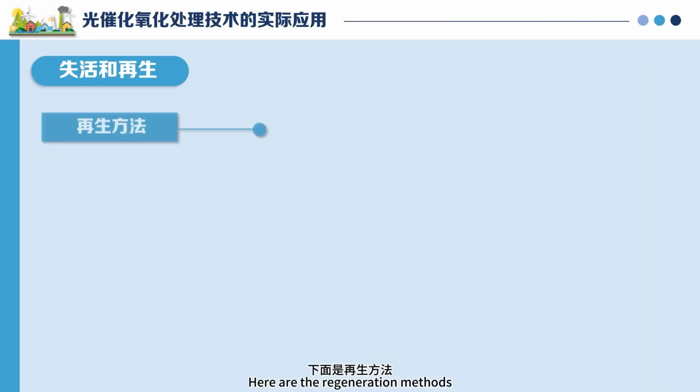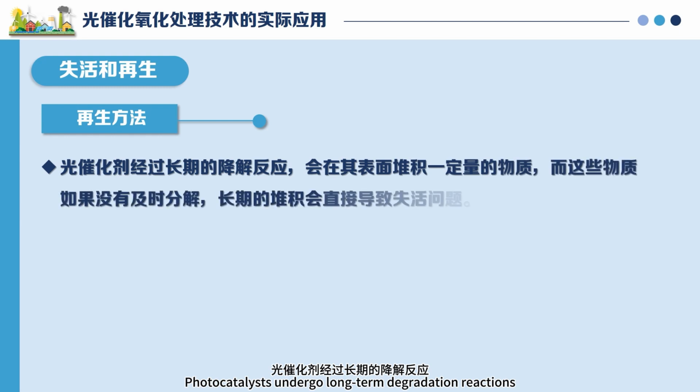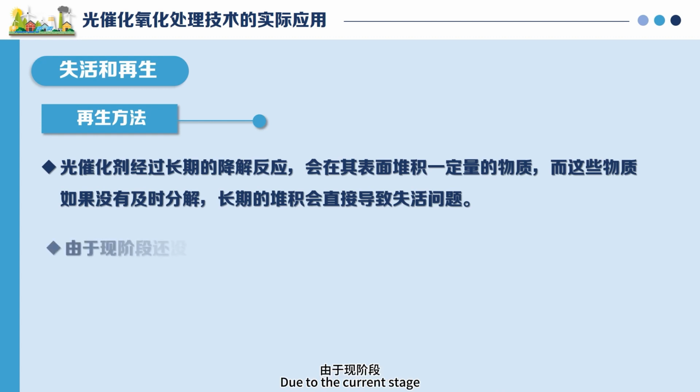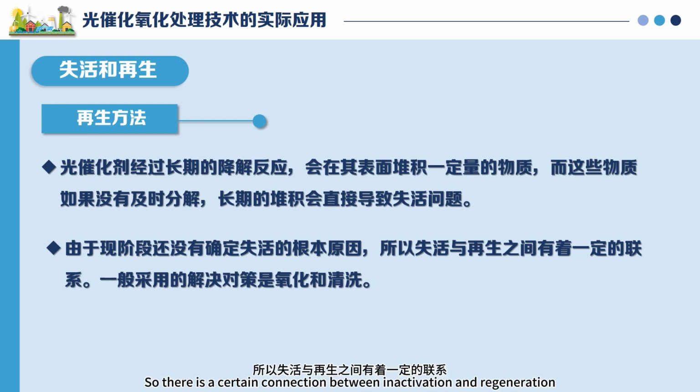Here are the regeneration methods. Photocatalysts undergo long-term degradation reactions and accumulate a certain amount of material on their surface, and if these substances are not decomposed in a timely manner, long-term accumulation can directly lead to deactivation issues. At the current stage, the root cause of the inactivation has not been determined yet, so there is a certain connection between inactivation and regeneration.